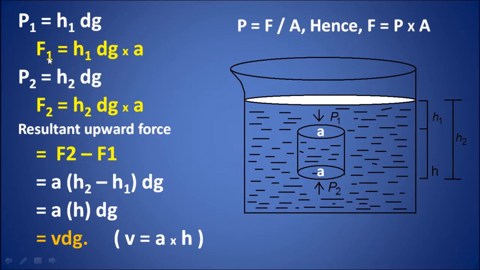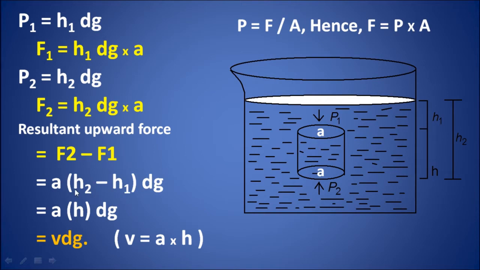F2 would be greater than F1 because height of liquid column above the lower surface area is more than height of liquid column above the upper surface area. The resultant upward force would be F2 minus F1. Let us substitute the values by taking A, d, g common.